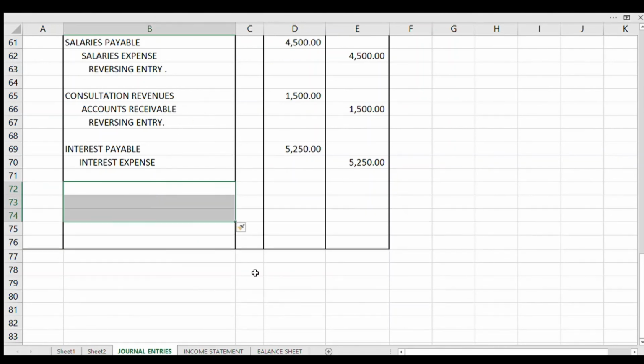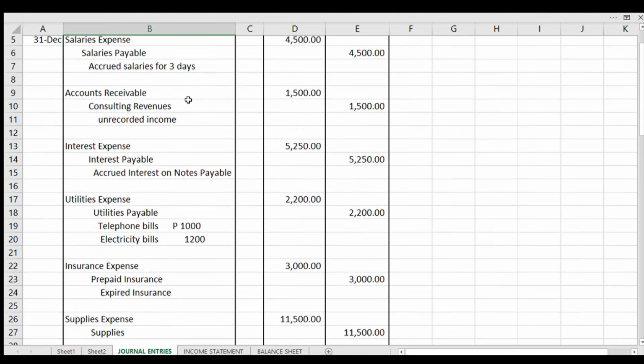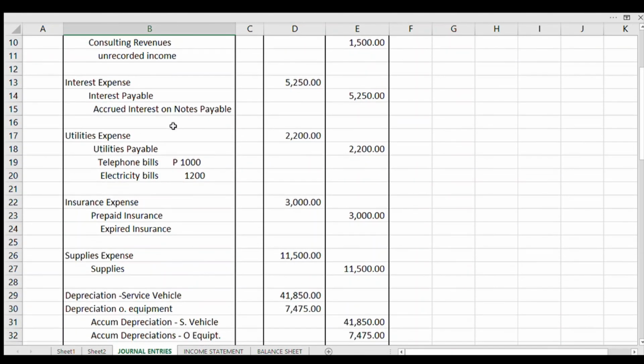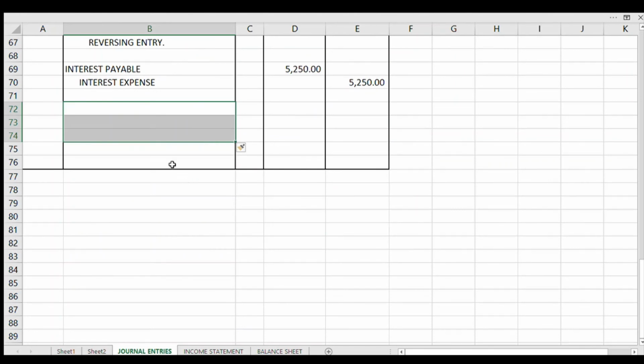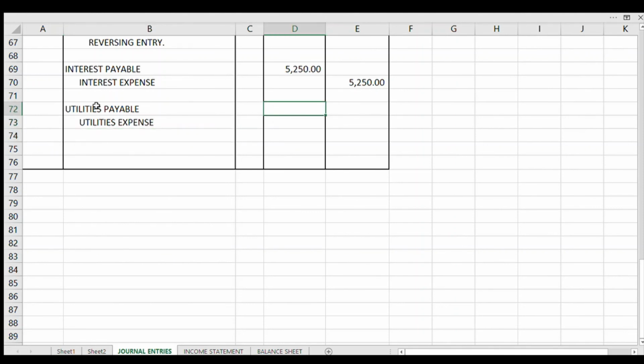Alright, so after the interest, we have the utilities. The amount is 22.